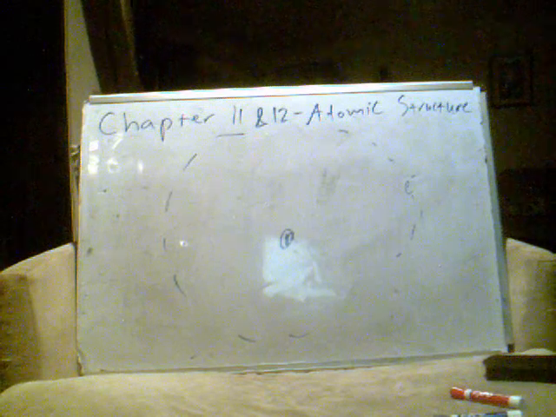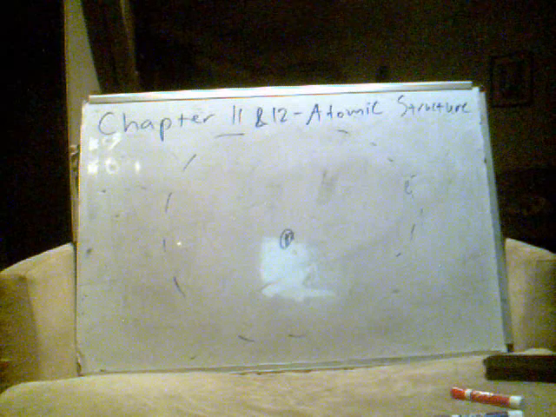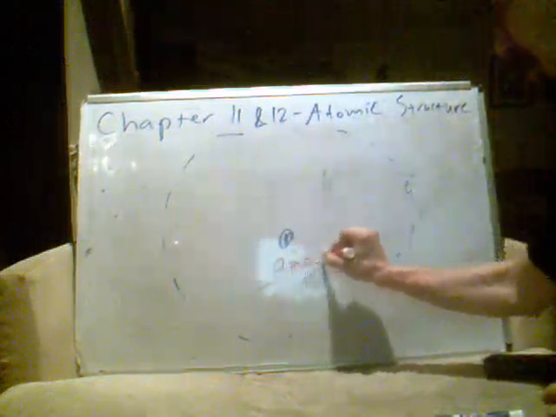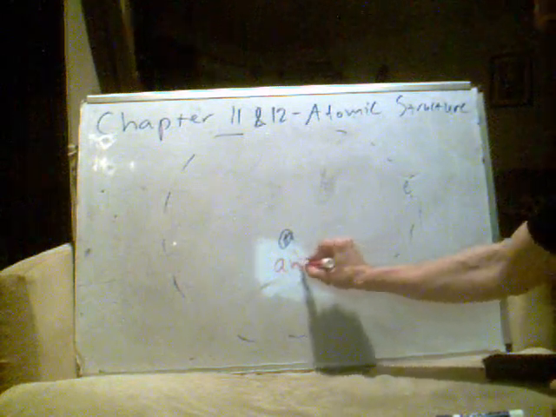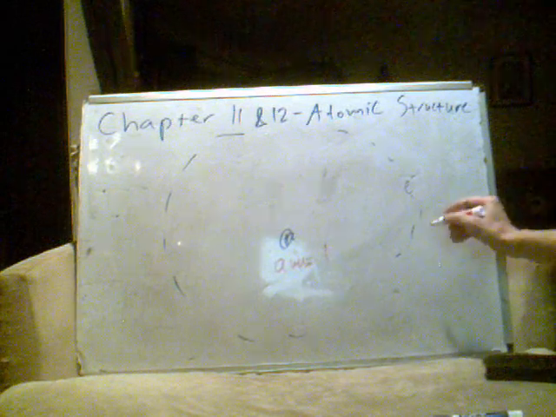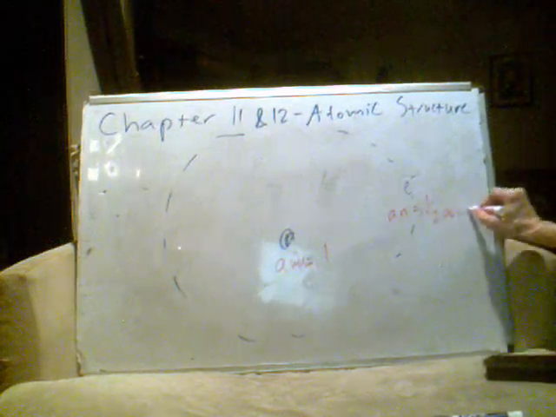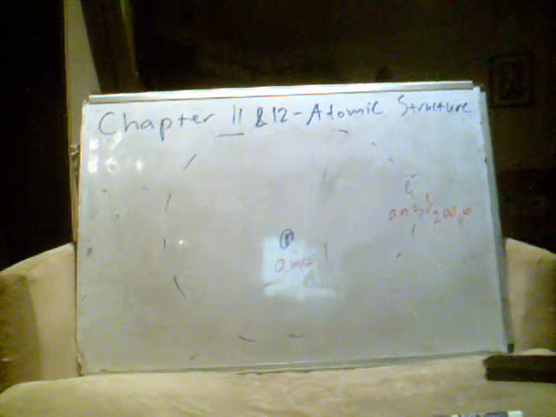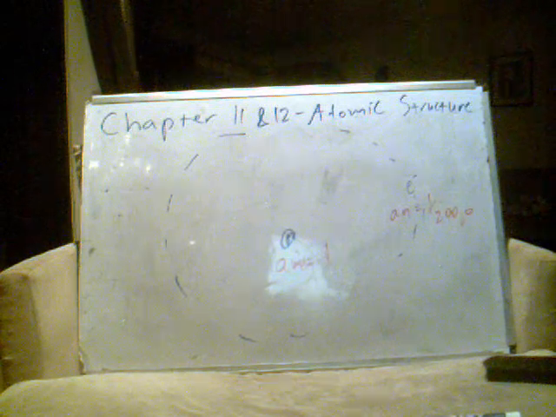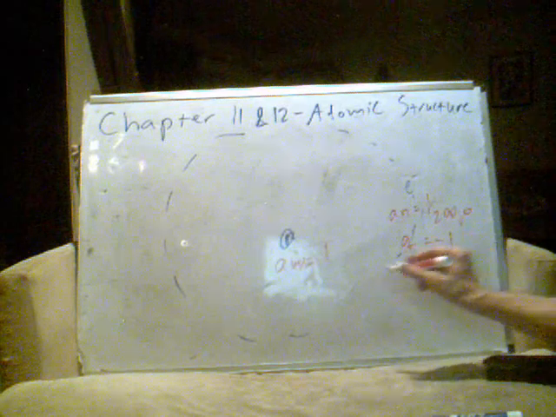Now, atoms all have protons, the positively charged particles that have an atomic mass of about 1 AMU, right? Atomic mass unit. Electrons have an atomic mass of about 1/2000, very small compared to a proton. Electrons have a charge of -1.